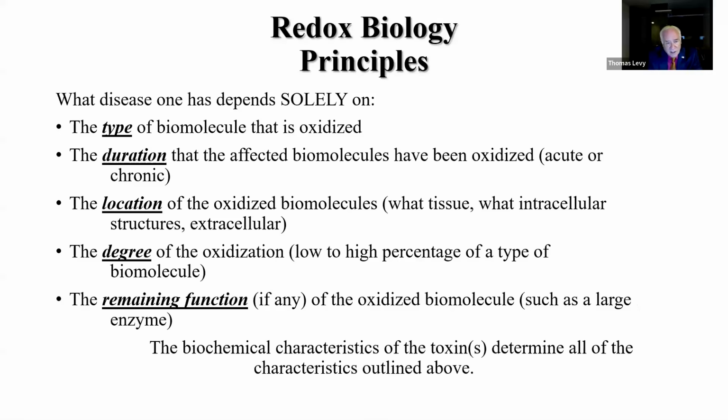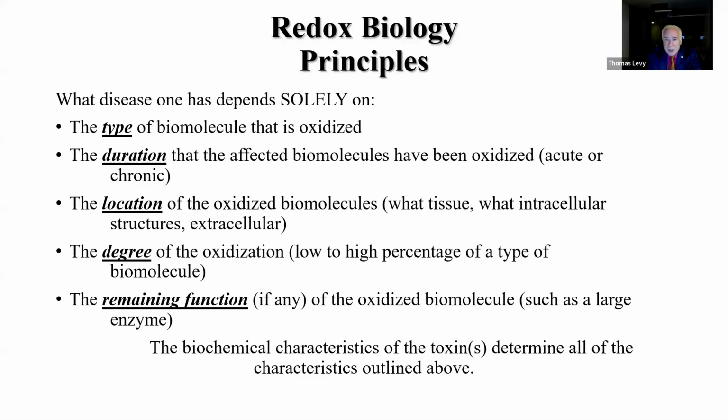I mentioned this, let me outline it for you then. What disease you have depends, as I said, on having oxidized biomolecules, but the disease itself, because we have many different diseases, depends on the type of biomolecule oxidized, how long the biomolecules have been oxidized, acutely or chronically, where they are located, intracellular, extracellular, a certain tissue, to what degree a certain species of biomolecule is oxidized, and also remaining function.